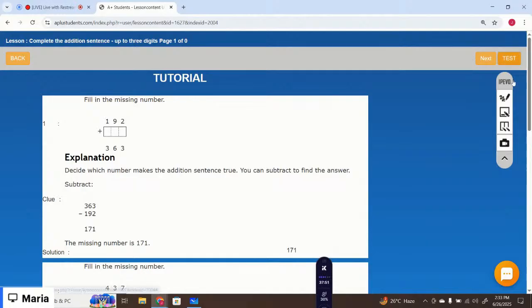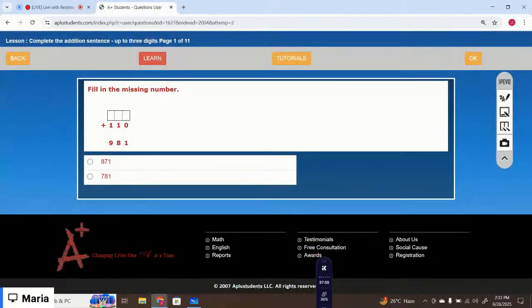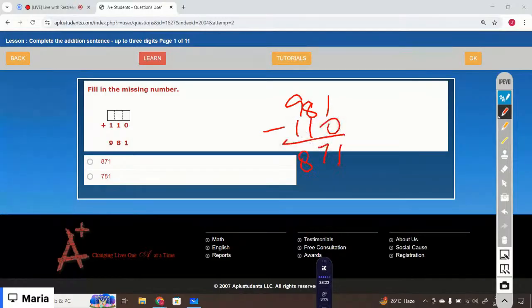Okay, let's just start with the test questions. So you are given the sum of two numbers, that is 181 and 169. You have to subtract the given number from the sum. So you have to do 981 minus 109. 1 minus 0 is 1, 8 minus 1 is 7, 9 minus 1 is 8.